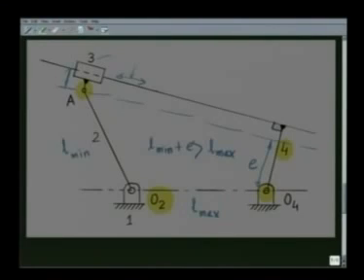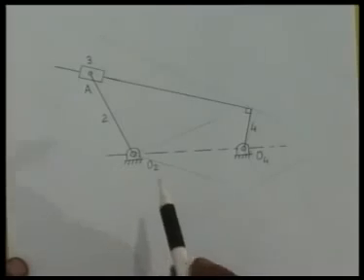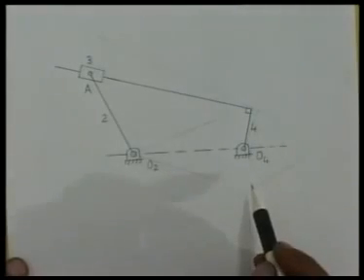So, I draw a line through A parallel to this direction of the prismatic pair and get the kinematic diagram for this particular linkage. Let me now solve this problem to determine the angle through which links 2 and 4 can oscillate. Let us consider now the kinematic diagram of the 3R1P mechanism we are discussing.